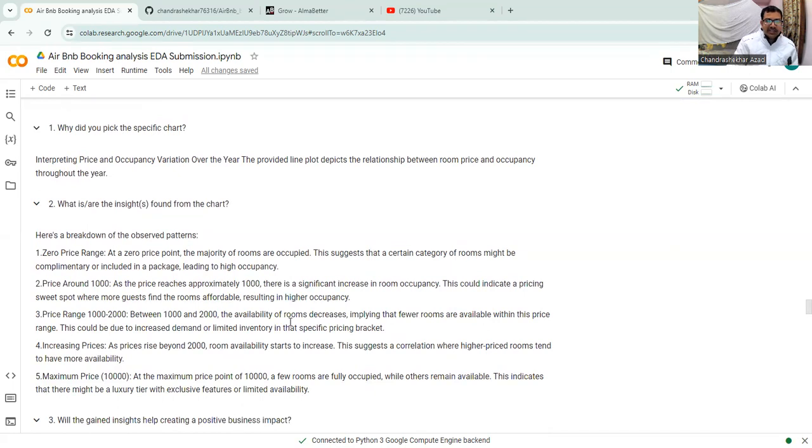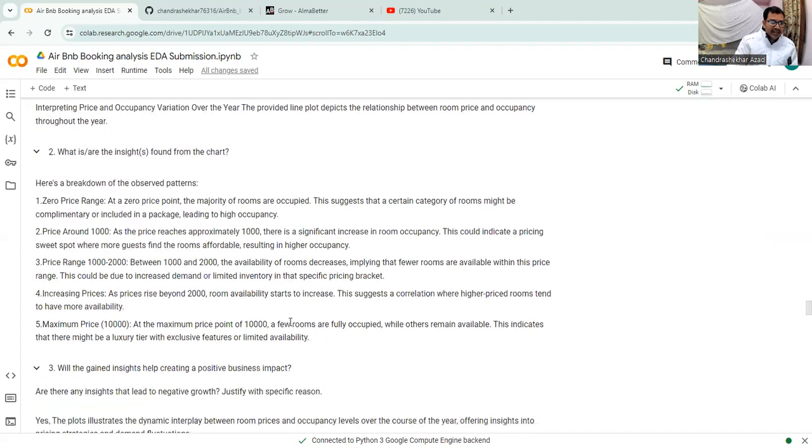As the price reaches approximately 1000, there is a significant increase in room occupancy. In the price range between 1000 and 2000, the availability of rooms decreases, which implies that fewer rooms are available within this price range. This could be due to increased demand or limited inventory in this specific price bracket.